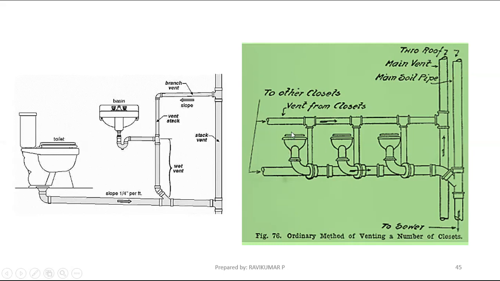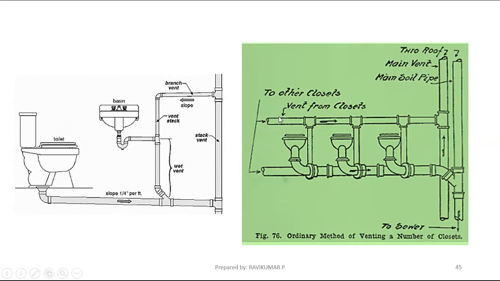See, these are the EWCs. The EWC is connecting into the header. This header is connecting into the vertical pipe. The vertical main soil pipe is connecting into the main soil pipe. For the system, we are putting a separate vent pipe. The separate vent pipe is the main vent pipe. So from the EWC, we are taking a vent branch.